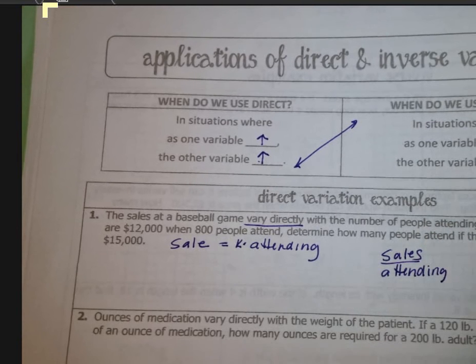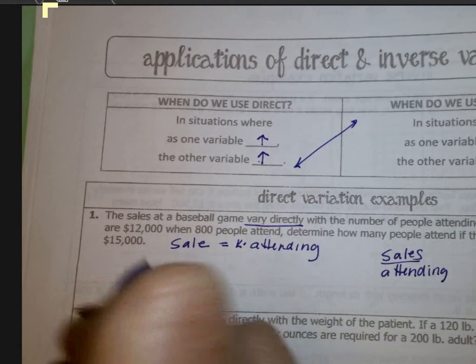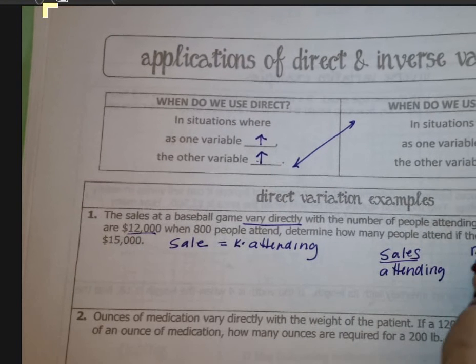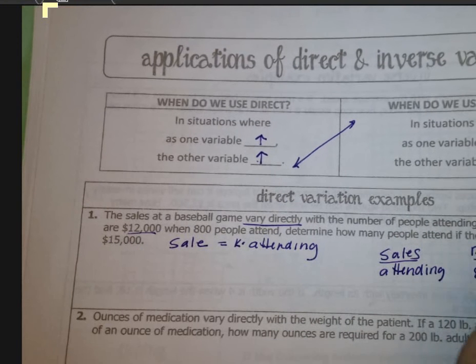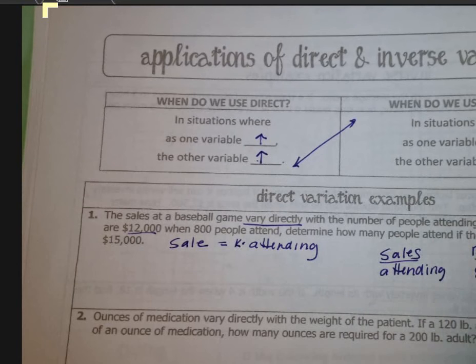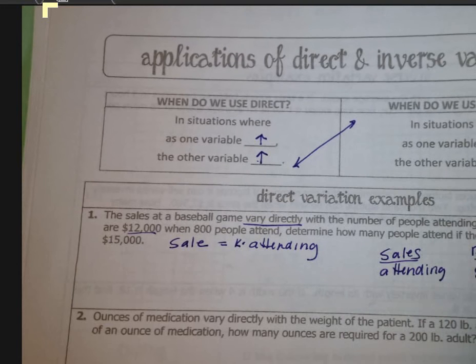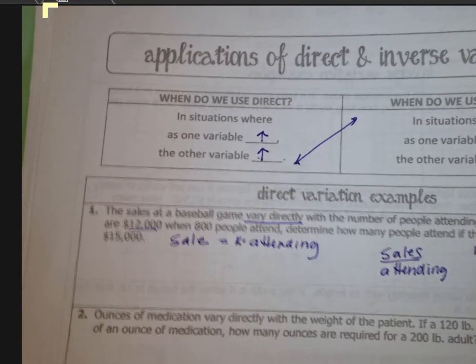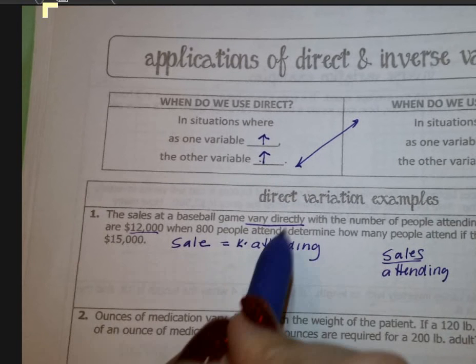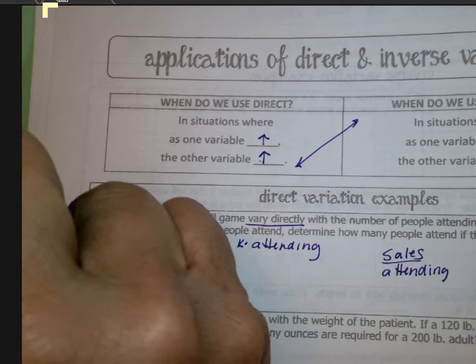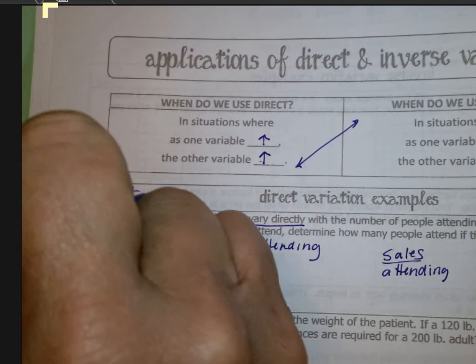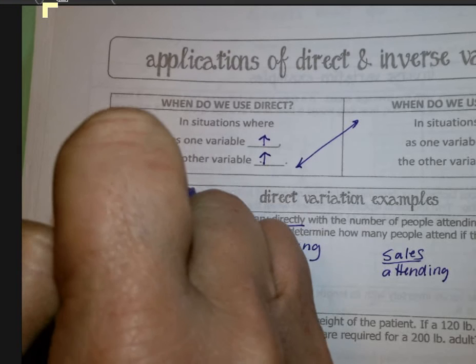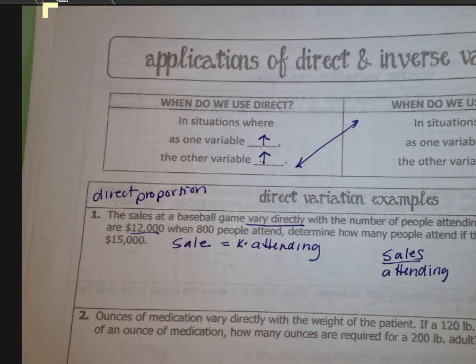You could say if the sales for the game were 12,000 to 800 people who attended, then my sales for 15,000 are how much? So it's a direct proportion. That's what a direct variation is. It's the same proportion you've done in the past because the sides are proportional.